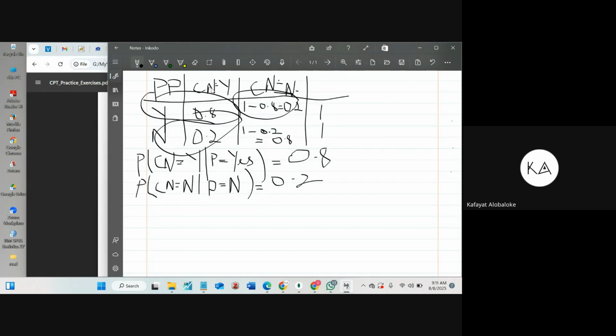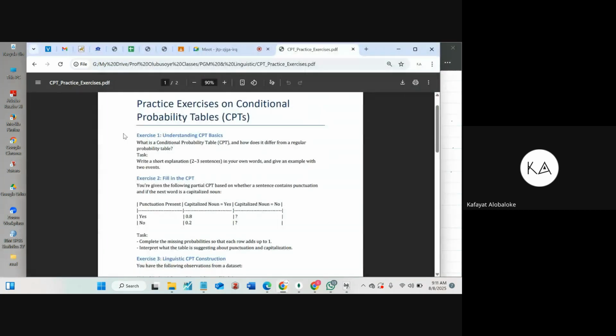Capitalized noun is next. Let's go back to the question for you to understand this better. It said you are given a partial CPT based on whether a sentence contains punctuation, that's the P there, and if the next word is capitalized.